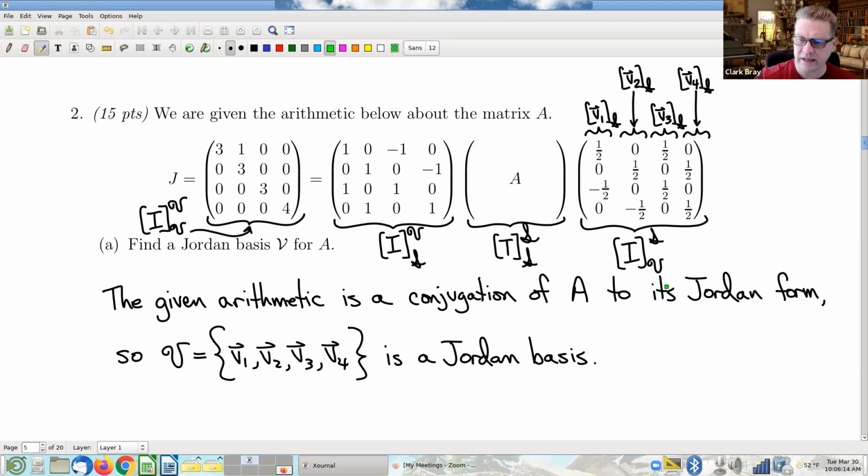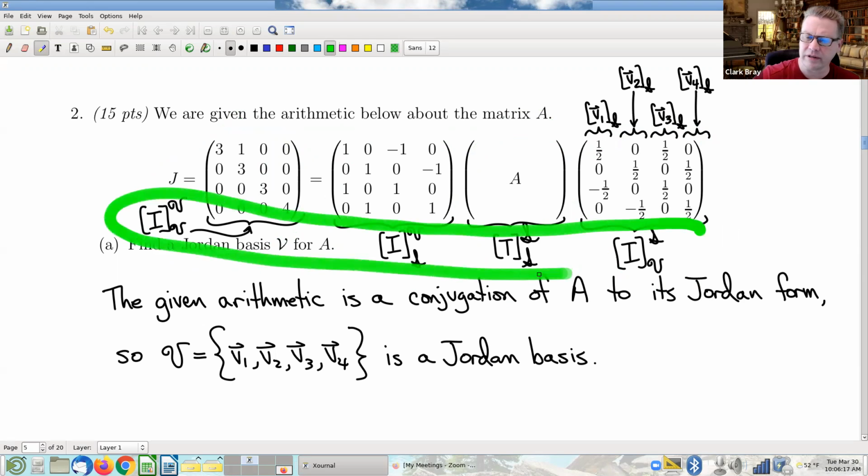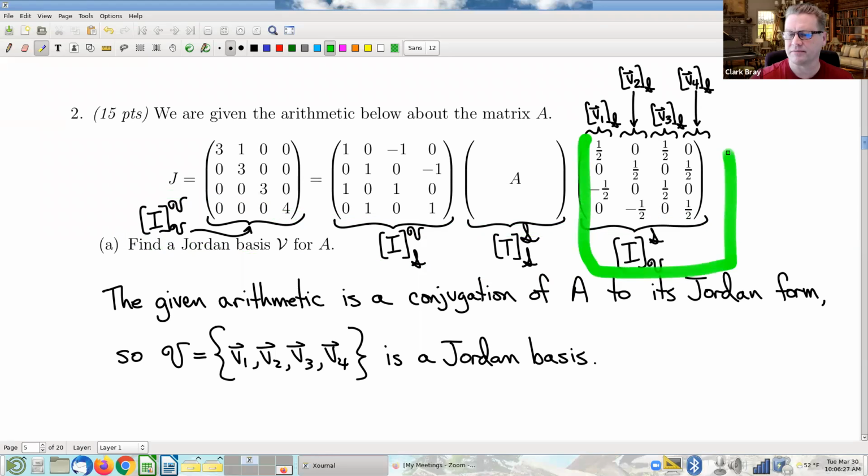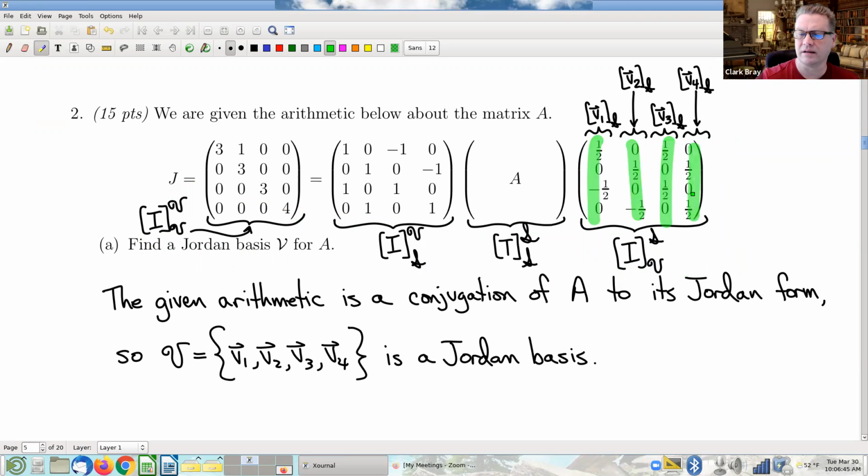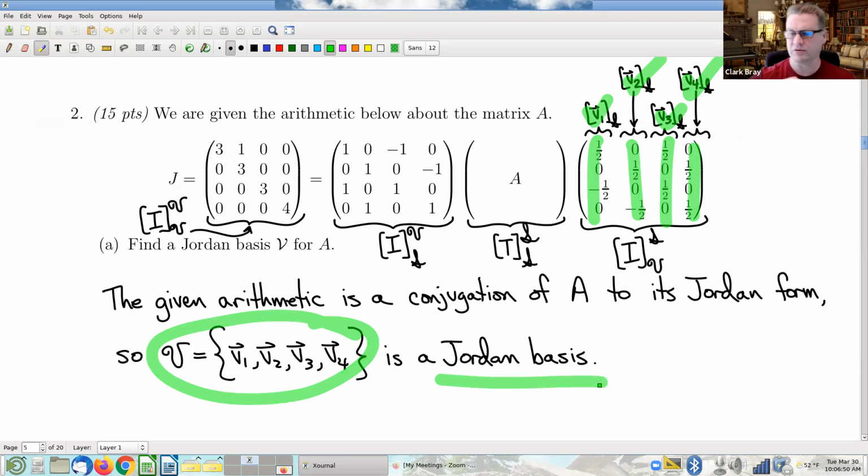So putting the given arithmetic as an equation, and asking what these say about what's going on with respect to what bases, we see that it's actually this matrix whose columns are the basis that we're looking for, written in the language of the standard basis. Okay, so that being noted, we label these columns V1, V2, V3, and V4. That is the Jordan basis.